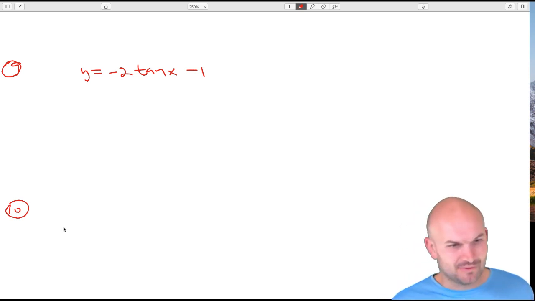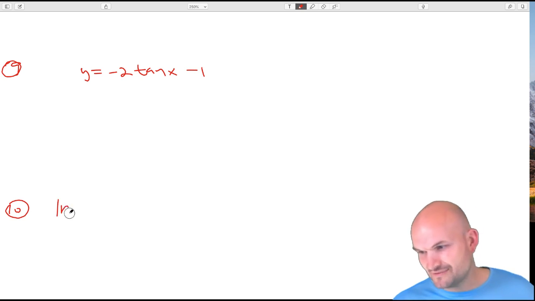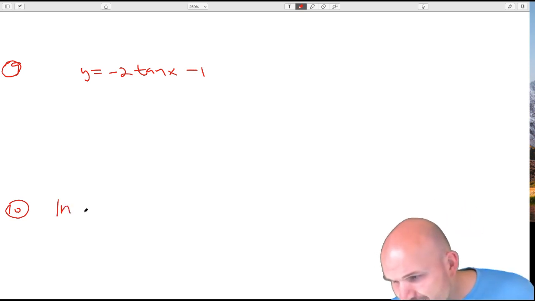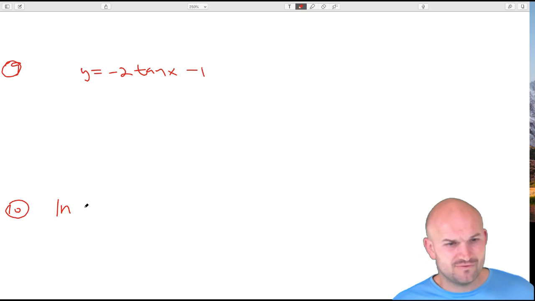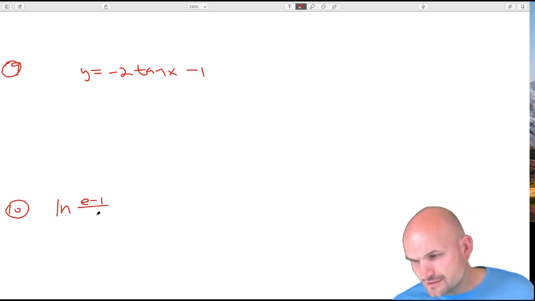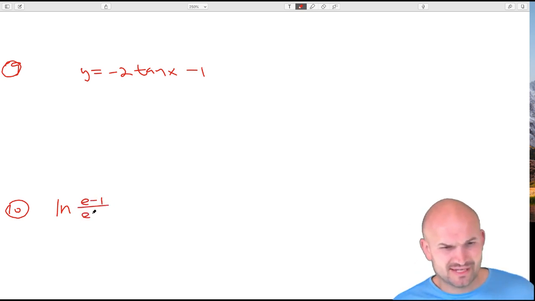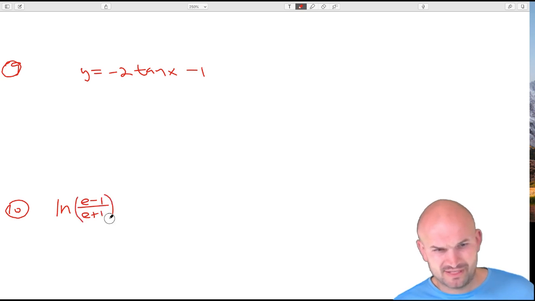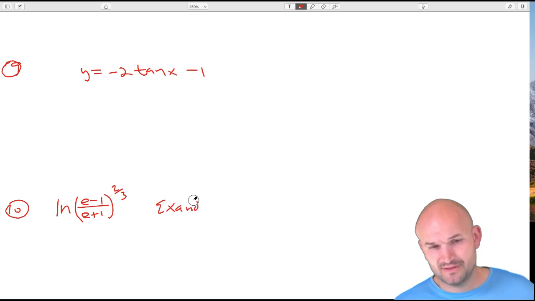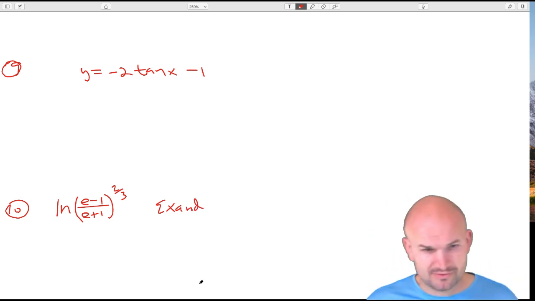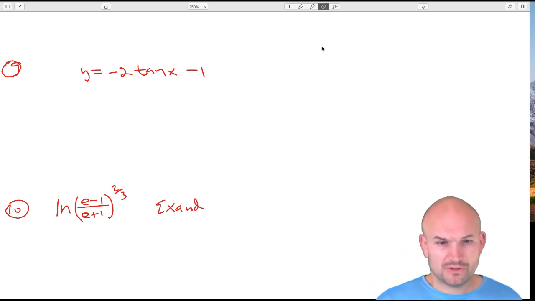But Lauren's question looks interesting, so I'm going to believe this is ln of e to the -1 divided by e plus 1. Nothing like I've done before, so I'm hoping this is nothing raised to the 2/3. So I'm just going to expand this, and hopefully that's what you were looking for.